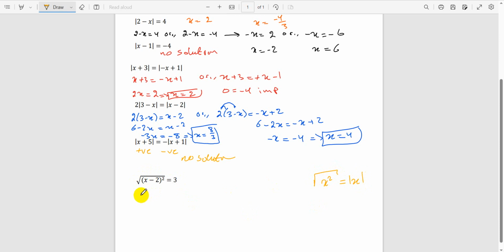Then I will get absolute x minus 2 equals 3. I'm going to solve it according to the first equation, absolute x equals r, which is positive. Then it will be x minus 2 equals 3, or x minus 2 equals negative 3, which is x equals 5, or x equals negative 1.